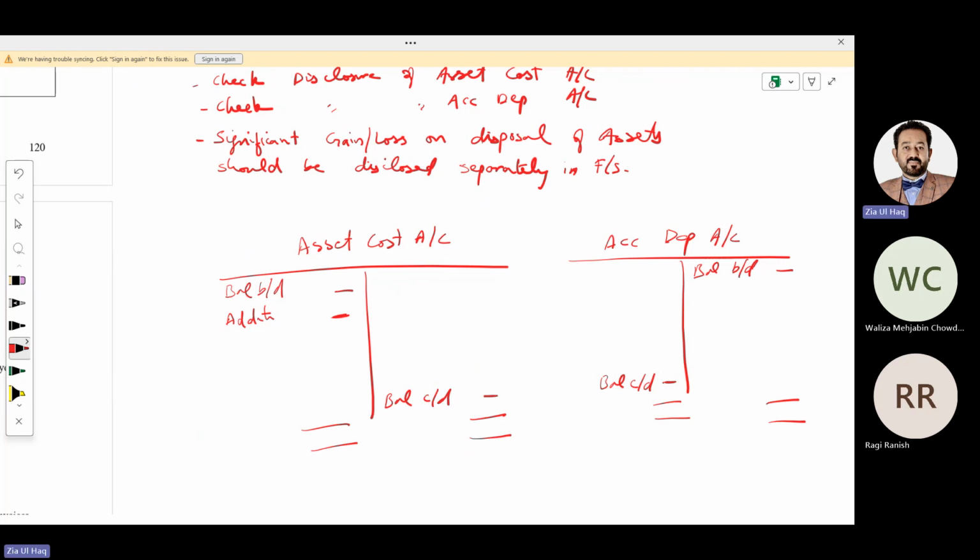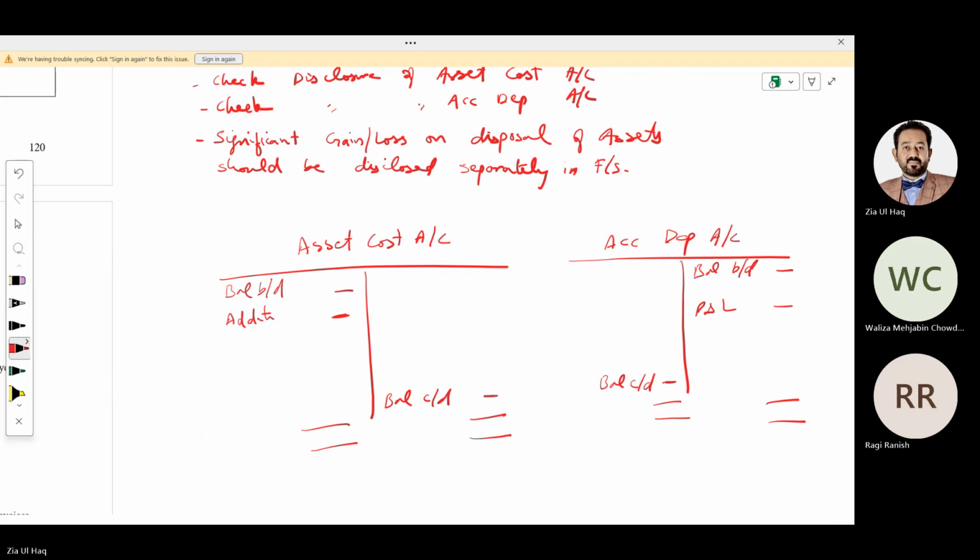Debit. Yes. What is the accounting entry for the depreciation charge to the profit and loss account? Depreciation expense debit, meaning profit and loss account debit. Accumulated depreciation account credit. This means that will be recorded on the credit side. Depreciation charge for the year.